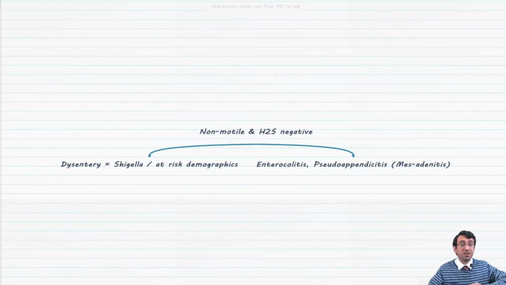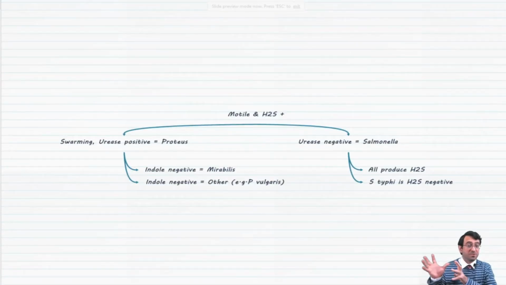Also, remember, both of these 2 non-lactose fermenters that do not produce H2S are also non-motile. So they are triple non. They are non-motile, they do not produce H2S, and they are non-lactose fermenters. However, the other group, not SH and Y, but PNS, the so-called Proteus and Salmonella, are motile and they produce H2S or gas in the TSI agar.